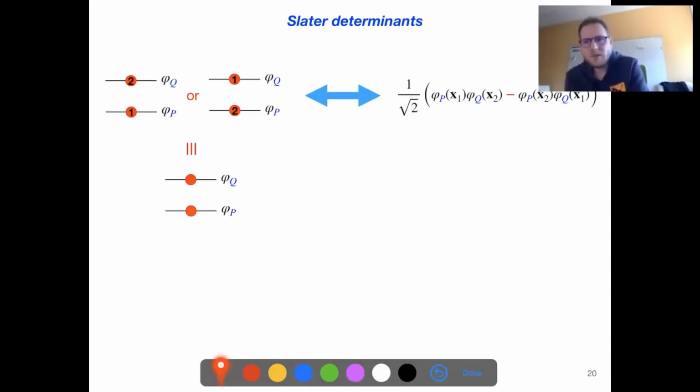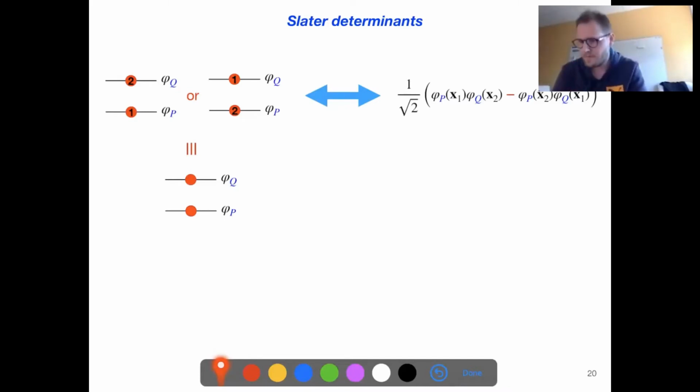So how do you translate that with a formula? Well, you need to take linear combinations of the different Hartree products that I talked about. This is what I'm doing here, okay? This corresponds to this first scenario here, and the other contribution is the other way around, so that corresponds to this scenario. And of course, now I put this minus sign in red because you may wonder why I didn't use plus, for example, okay?